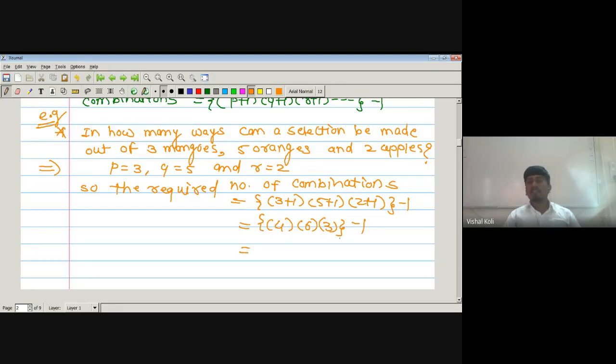So 6 into 3 is 18, 18 into 4 will be 72, minus 1, which is equal to 71. So there are 71 possibilities for selecting these fruits.